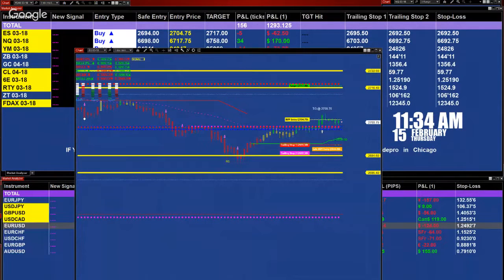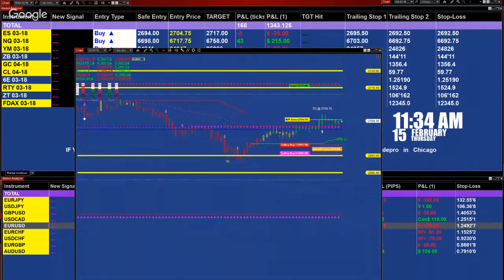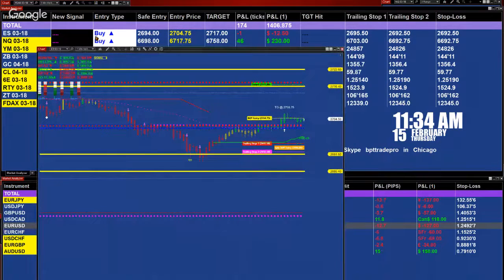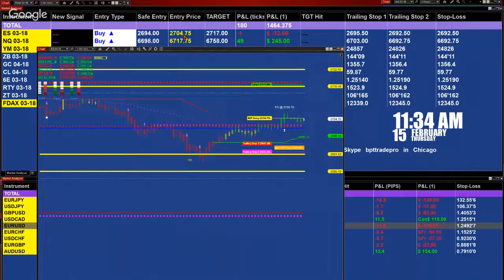For the ES traders, let me try to help you. If we look at the market analyzer here, it's telling you buy at 2704.75, and it tells you the target is 2717, fair enough.